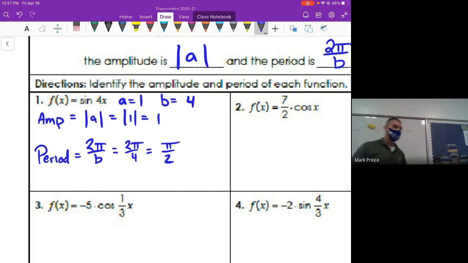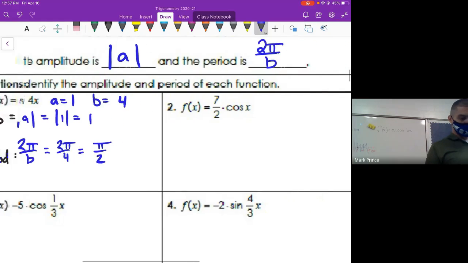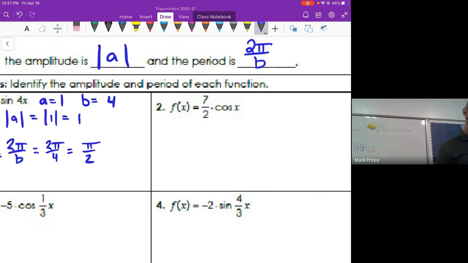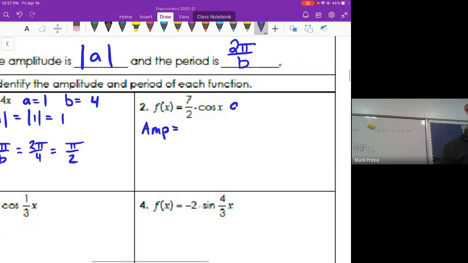All right, and then number 2. Our amplitude is the absolute value of A. So A for this one is what? The fraction in front, 7/2, which is 3.5.